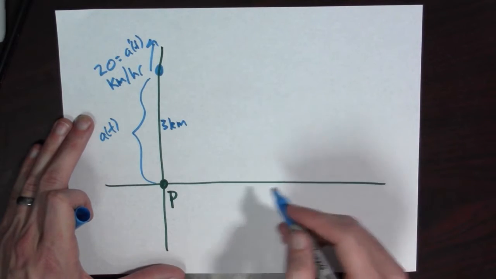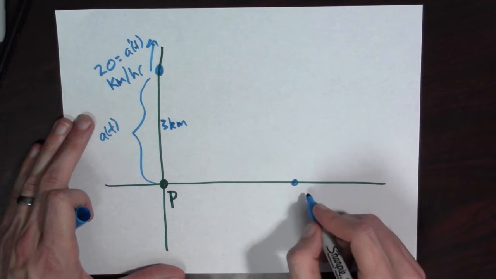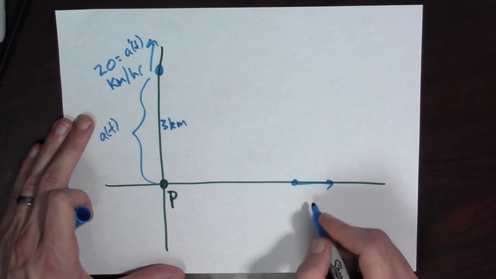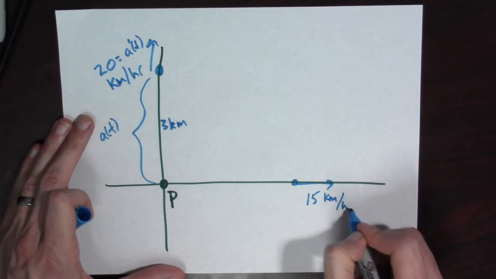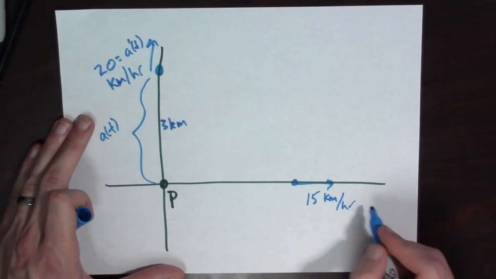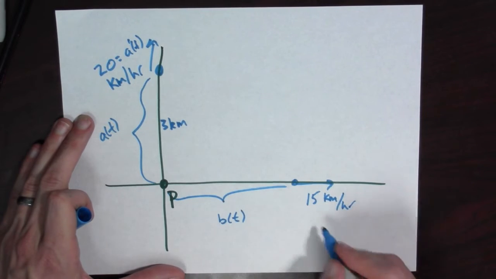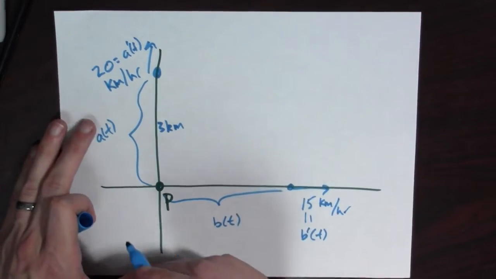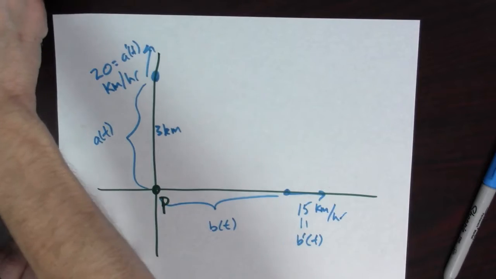Now, on the other hand, we have another cyclist who's traveling east at 15 kilometers per hour. And again, this is a rate. So if this is B of t, then this is equal to B prime of t. What we want to know is how the distance is changing between these two cyclists.